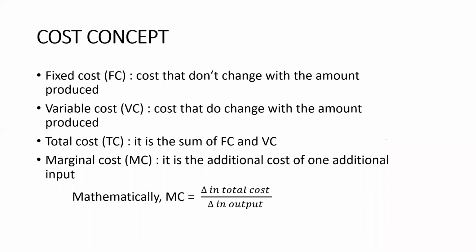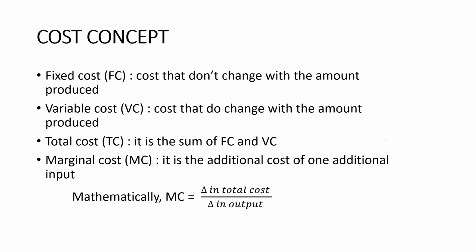The next one is total cost. Total cost is the sum of fixed cost and variable cost. And next one is marginal cost. It is the additional cost of one additional input. So let's take, for instance, I've already produced 200 sachets of Bonvita. Then after sharing, I noticed that the 200 was not enough.